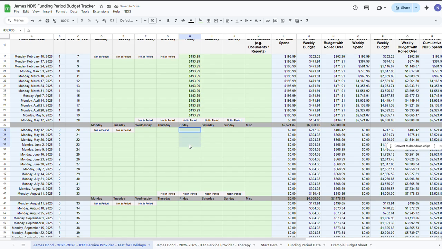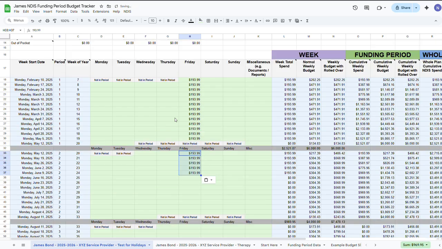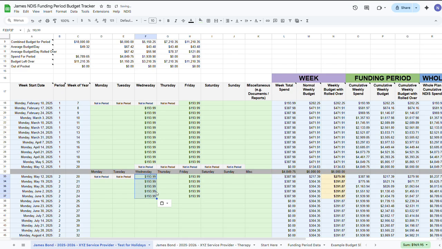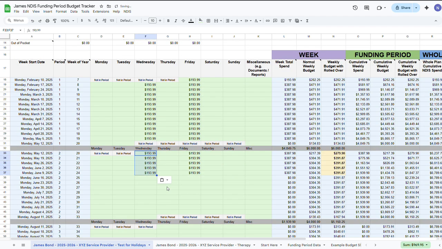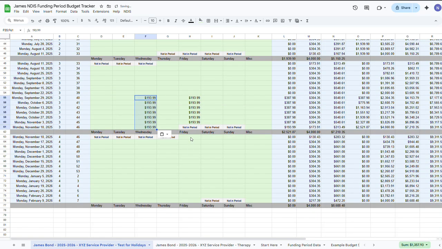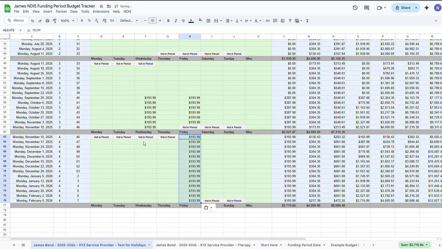Let's say, for example, I'm going to go on a big holiday because I'm going to go and see some family overseas for a number of months. So I might be doing weekly speech, weekly OT, and then here for a number of months I go on holiday. And so then I can go and put in my therapy down in these columns.